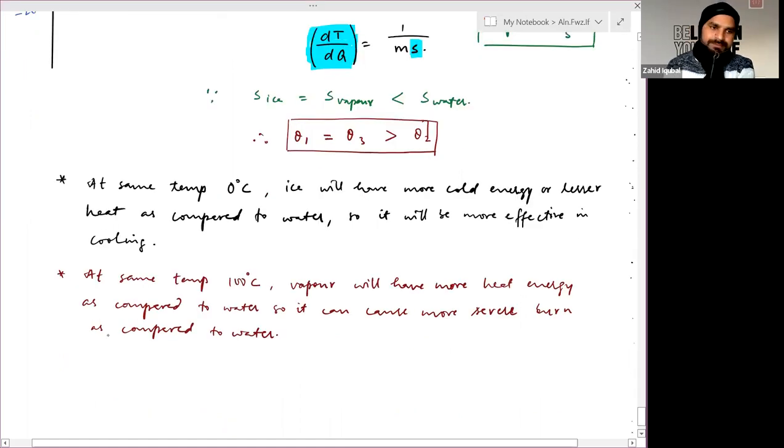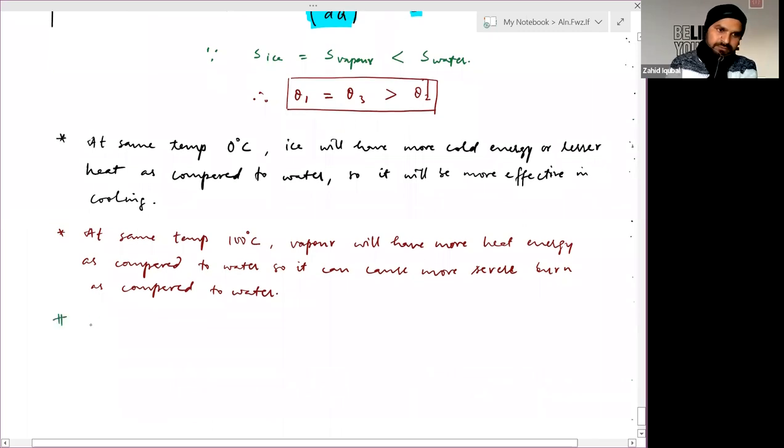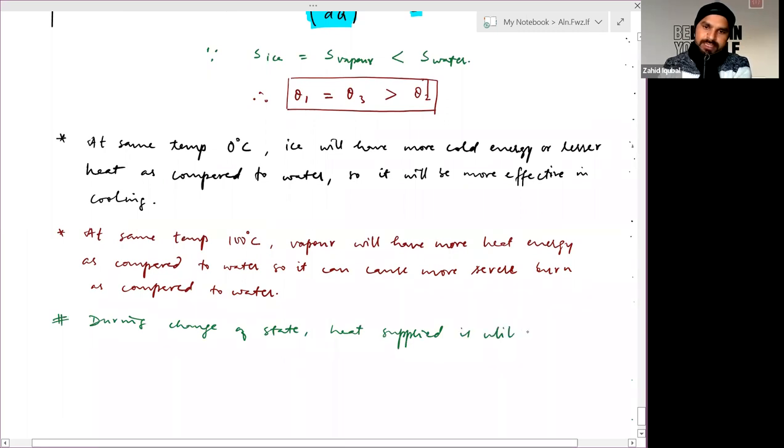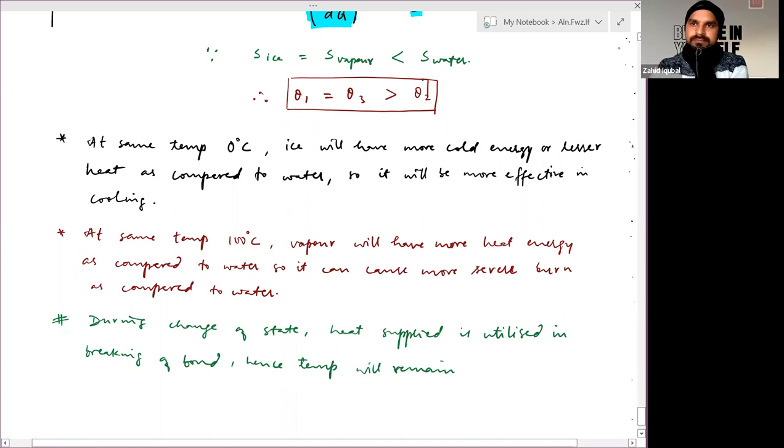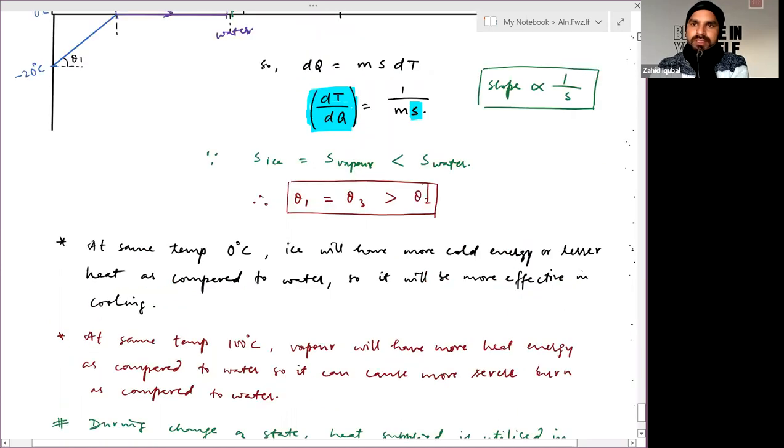So you'll say, during change of state, heat supplied is utilized in breaking of bonds, hence temperature will remain the same. You just write it down up to this part.